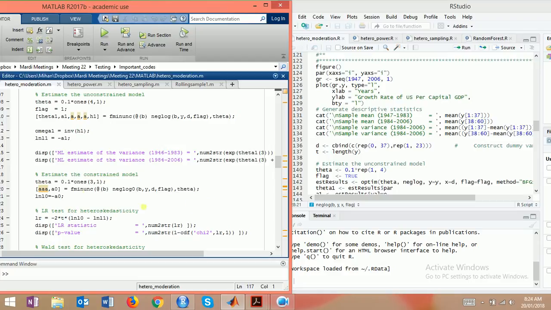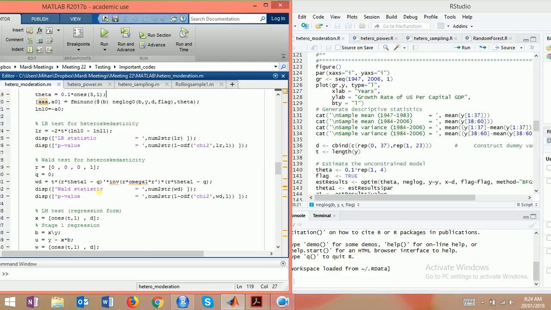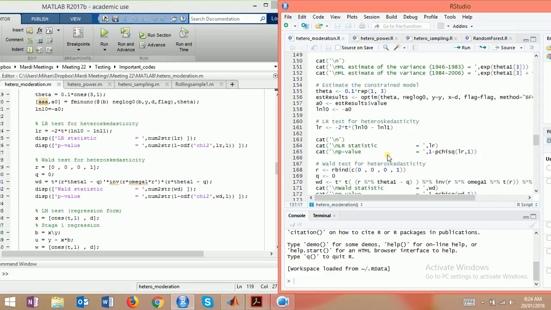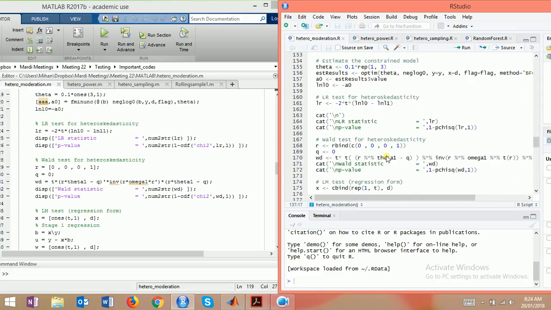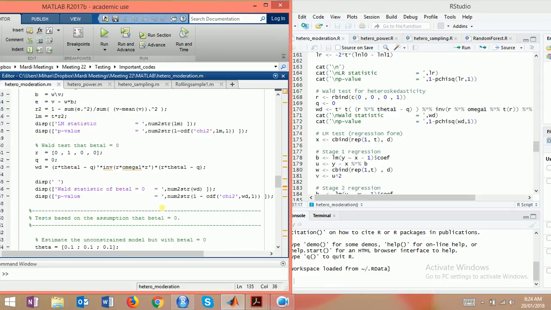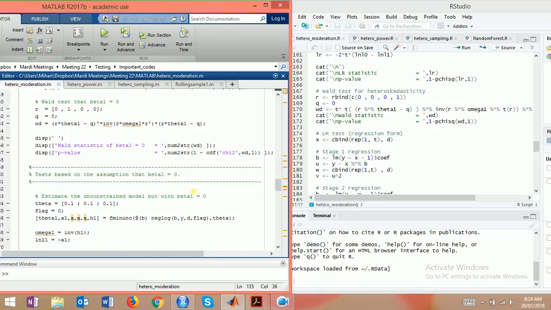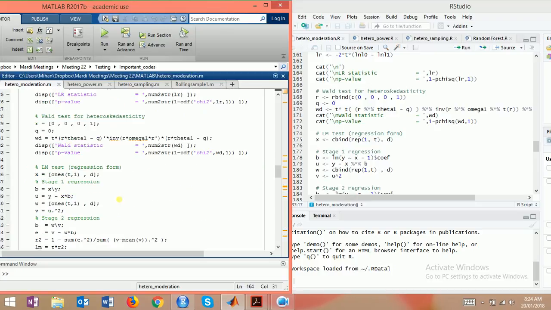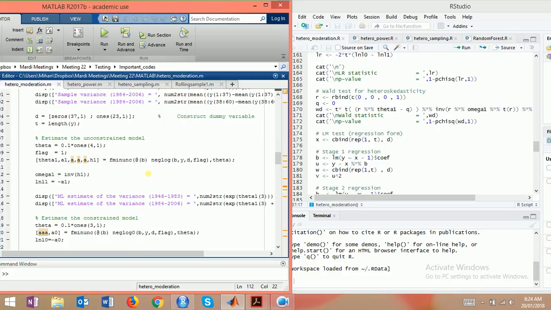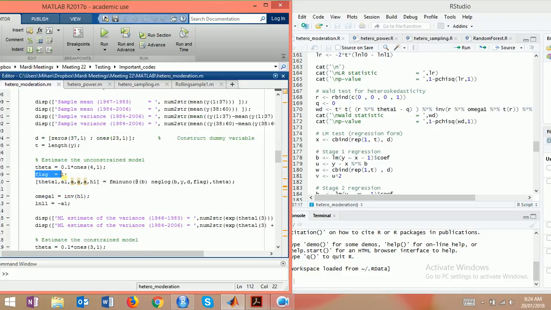Exactly the same. Estimating the constrained model is just the flag thing here, nothing else. LM test, the rest of everything else remains the same with beta 1 0 flag. Flag, that's all. Oh, I'm giving flag for the unconstrained model.